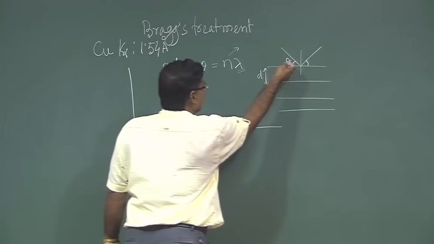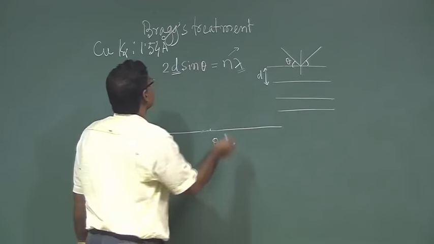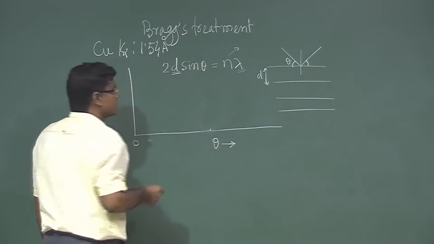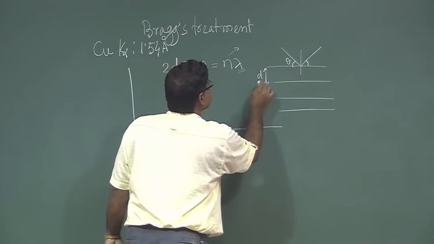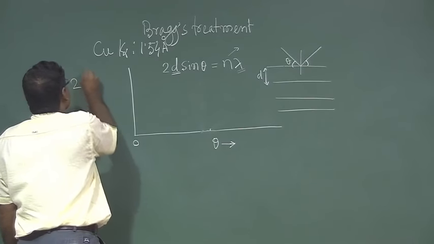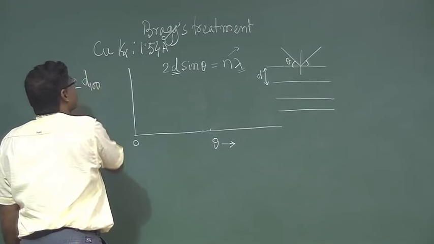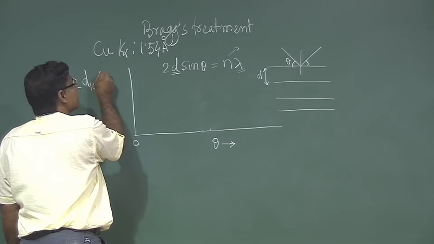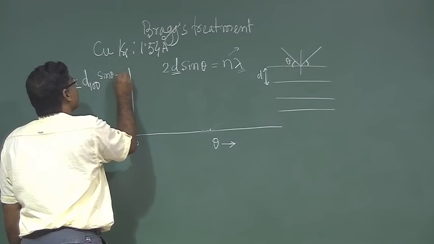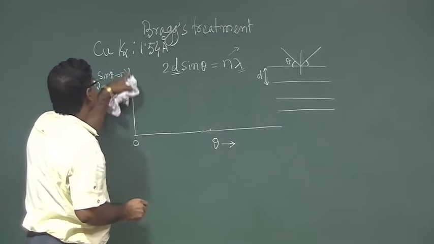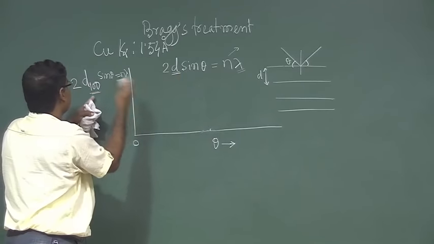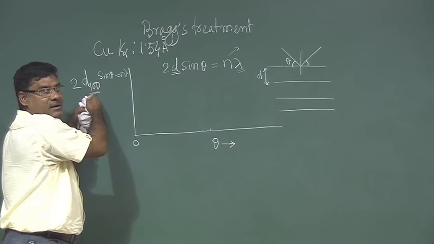If it is the (100) planes, then these planes will have spacing d100. Then 2d sin theta equal to n lambda, where lambda is constant, and for a particular plane d is also constant.